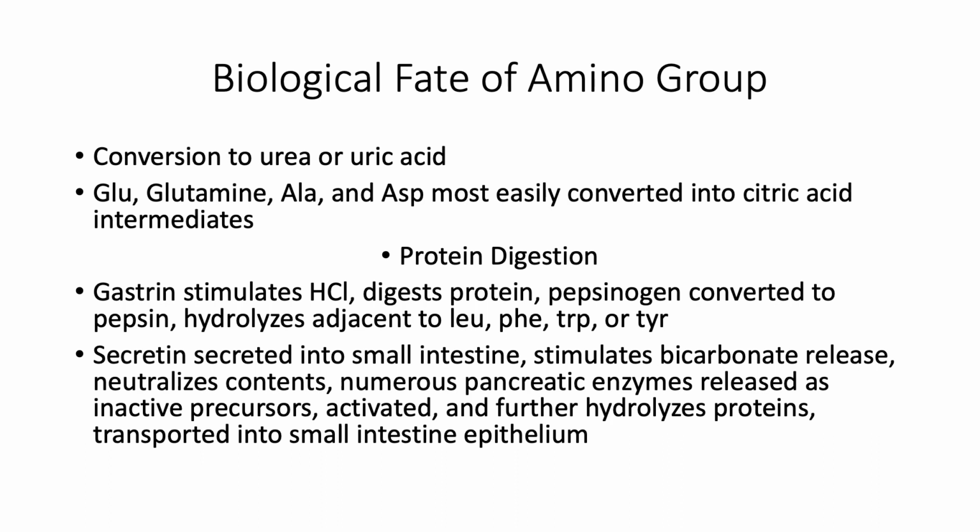Secretin is secreted into the small intestine, which stimulates bicarbonate release and neutralizes the contents, and then numerous pancreatic enzymes are released. They're inactive precursors which are activated. They further hydrolyze protein, such as chymotrypsin and trypsin. These are transported into the small intestine epithelium.